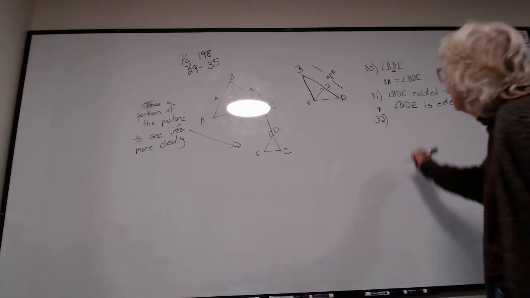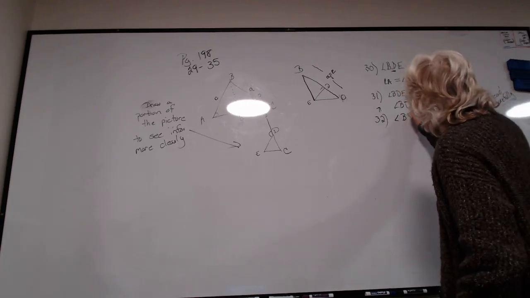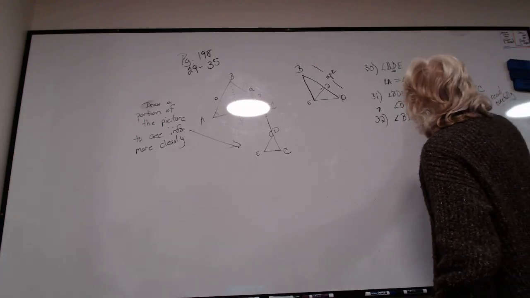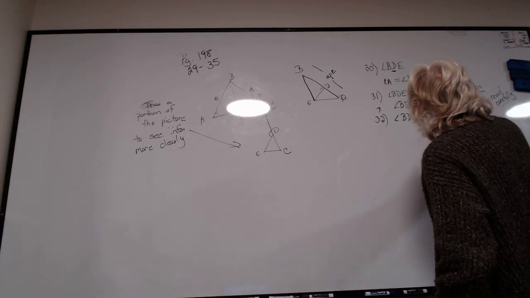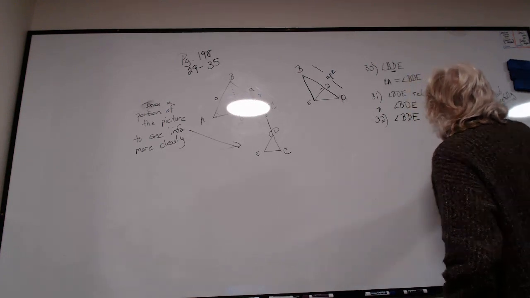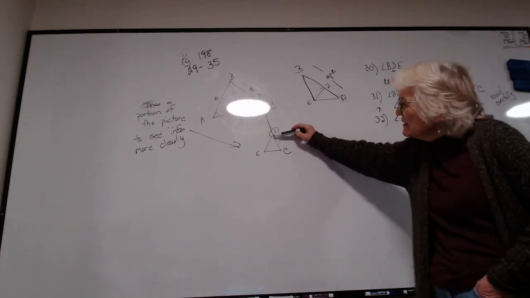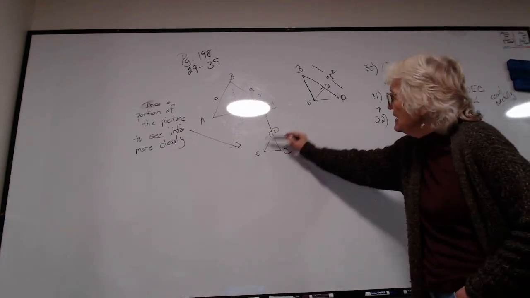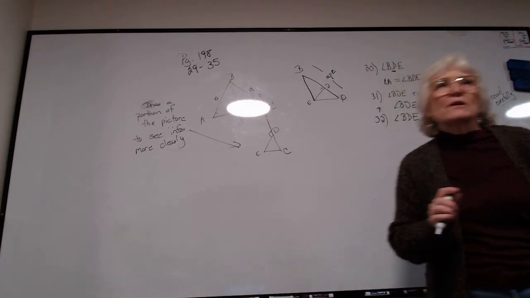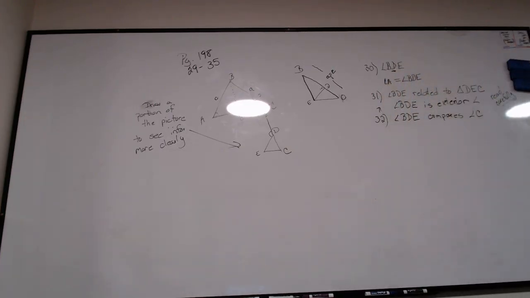So angle BDE compares to angle C, okay? So right now we're looking at angle BDE and angle C. What do you know about that relationship? An exterior angle is what?